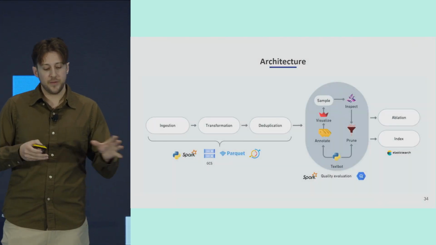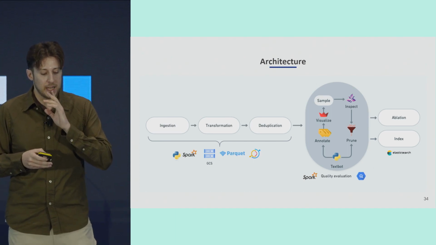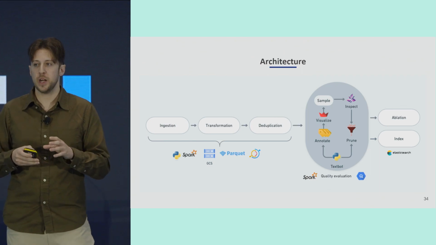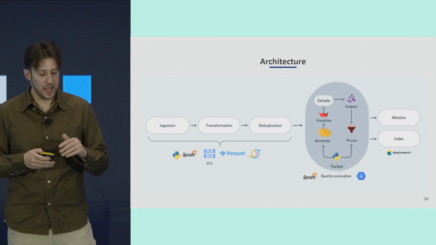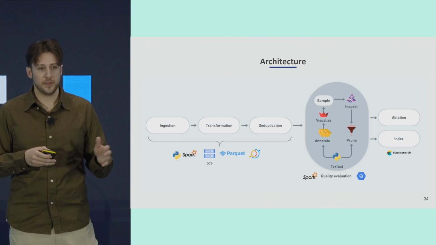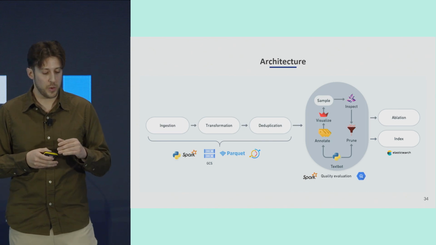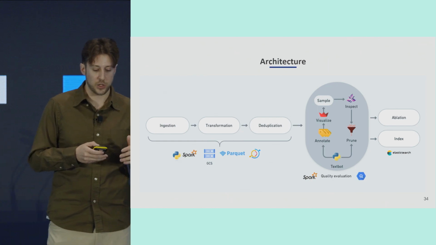So this is a little bit of an overview of our architecture. And I'm not going to go into too much depth in all of these different pieces, but I'll talk about a couple of the ones I find most interesting in the next couple slides. We use Spark primarily for the earlier stages of the pipeline when we have a lot larger data to work with. Usually store things in Parquet and GCS since we're a GCP shop.